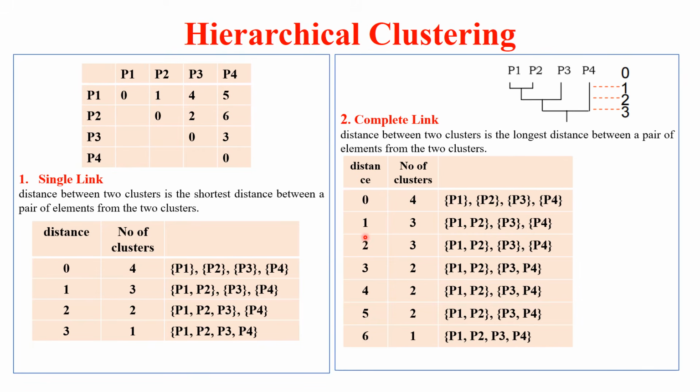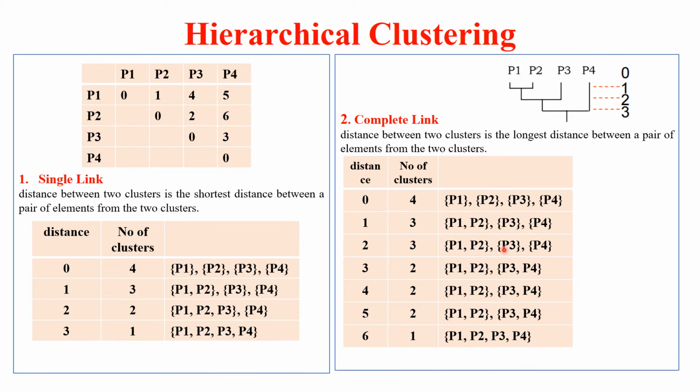When the distance is 2, from the distance matrix, we can find only P3 is within the threshold with P2. And looking at the clusters here, as far as a complete link is concerned, both P1, P2 should be within the threshold to P3. Only then both the clusters could be merged.